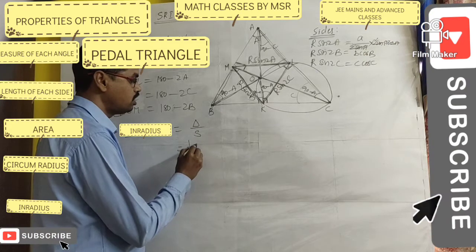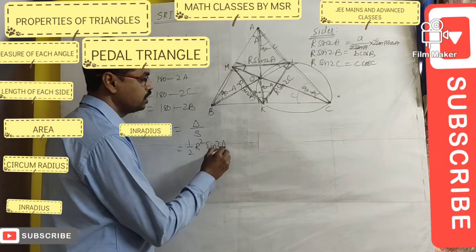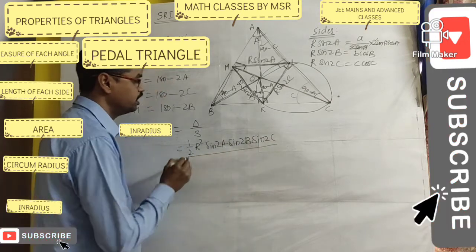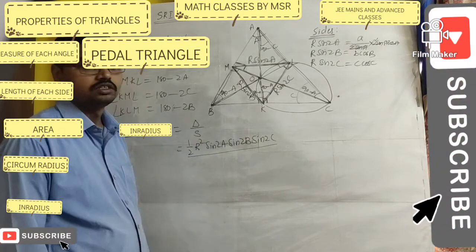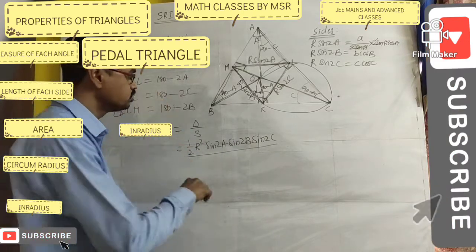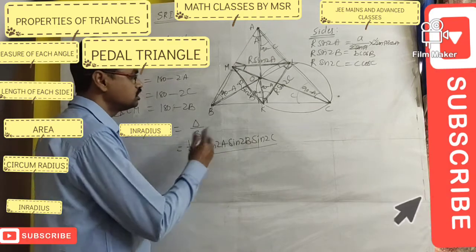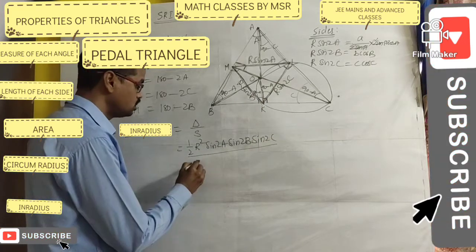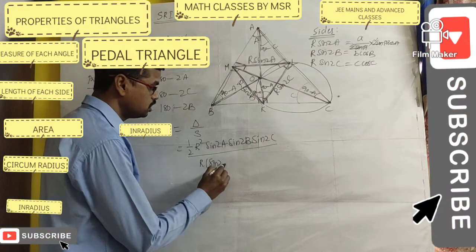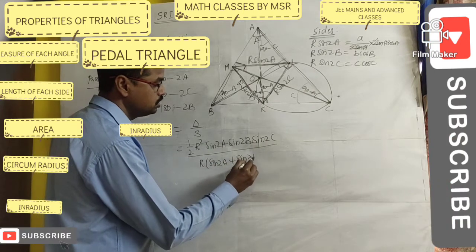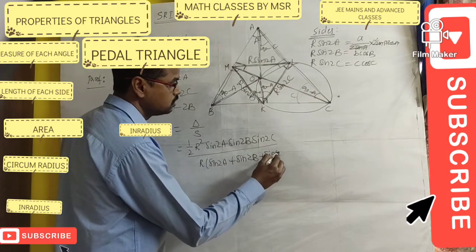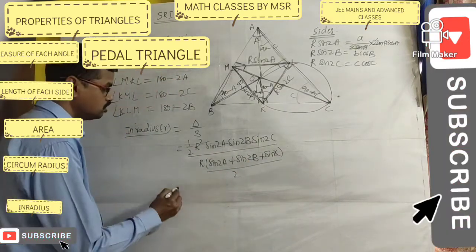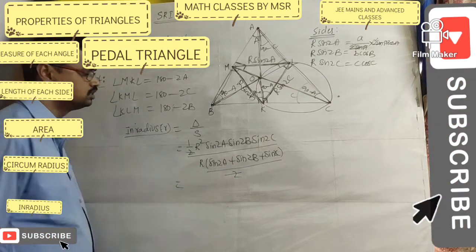Just now we proved it is half of R square sin 2A, sin 2B, sin 2C. s is nothing but the semi-perimeter, that is the sum of the sides by 2. Here the sides are R sin 2A plus R sin 2B plus R sin 2C. That is R times sin 2A plus sin 2B plus sin 2C, by 2. Sum of the lengths by 2. Now this 2 and this 2 will be cancelled.